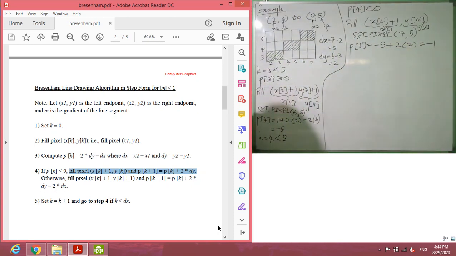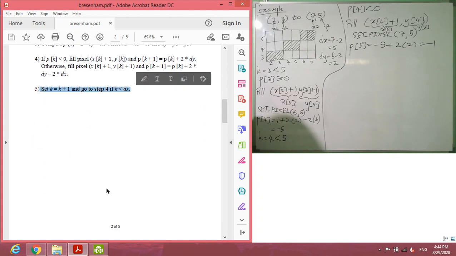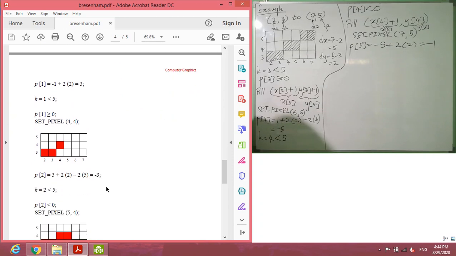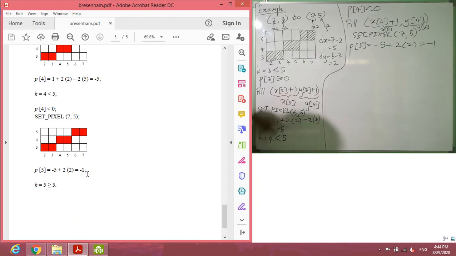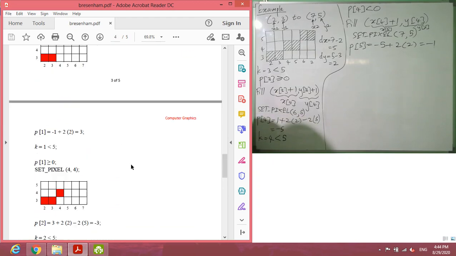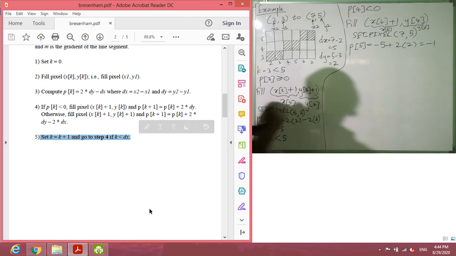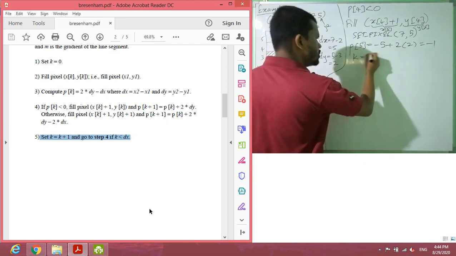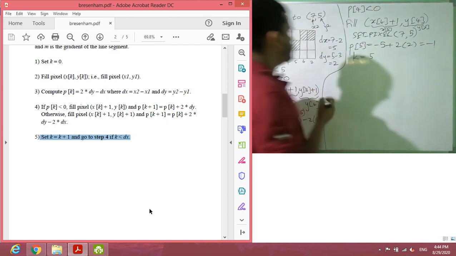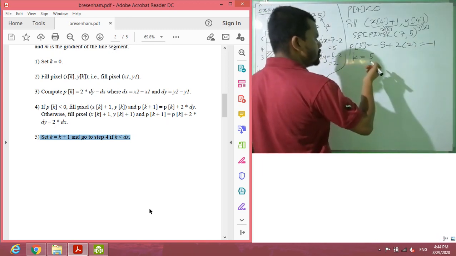Now step 4 is over. We move to step 5. Before that, let's see whether P5 is minus 1. Then we move to step 5. We increment value of k. Now k value is 5. Therefore, it is no longer less than 5.